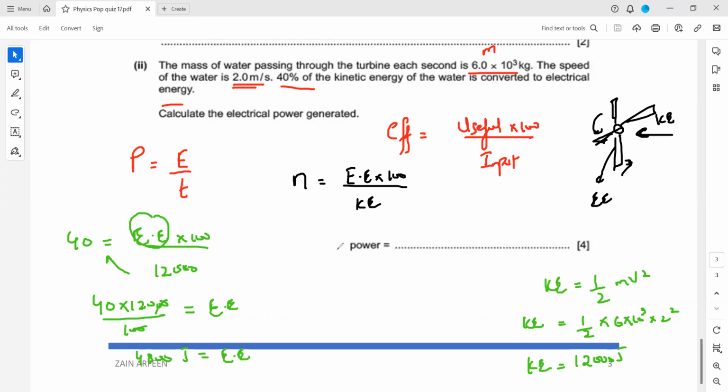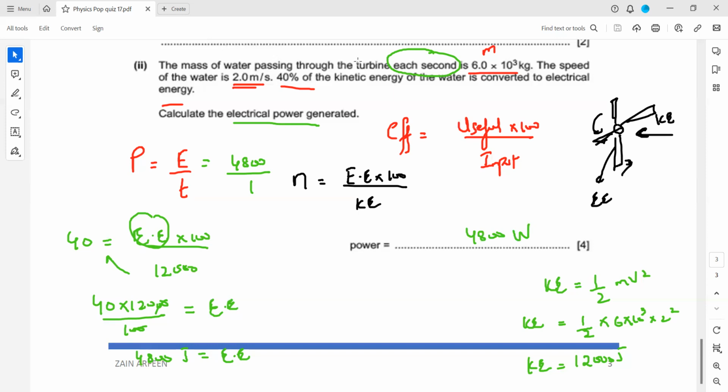Now we need the electrical power generated. From electrical energy, how can we work out the power? If we need the power, we have the formula: power is energy divided by time. So the electrical energy is 4,800. And in the question, the time they mention is each second, like every second this much mass is moving. So time is equal to 1. So 4,800 divided by 1, we get again 4,800, and the unit of power is watt.